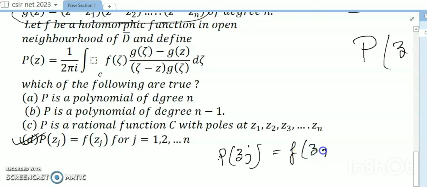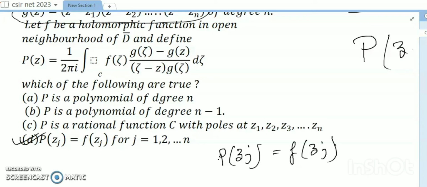Now p is a rational function on C with poles z1, z2, z3, zn. Now friends, we see that p(zj) is a polynomial and f(zj) is equal to p(zj).